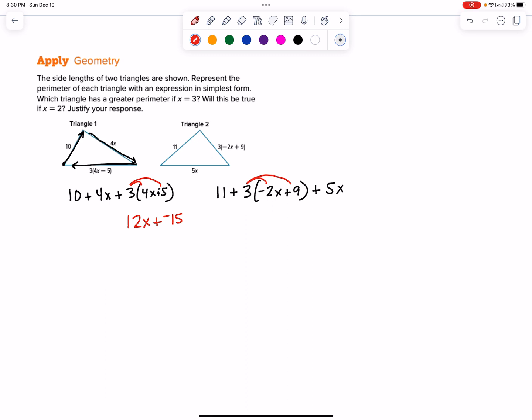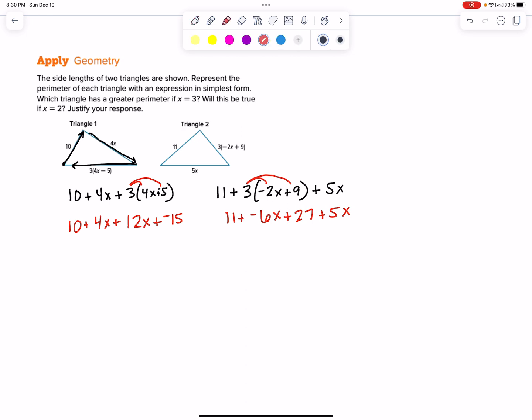You can keep it like that for right now. Let's go ahead and bring everything else down because we work in layers like this and you have to really organize your rows. All right, let's do the next one. So we have 3 times negative 2 is negative 6x, plus, don't forget to multiply the next one, 3 times 9 is 27, plus 5x, and then we need to bring down our 11 plus over here.